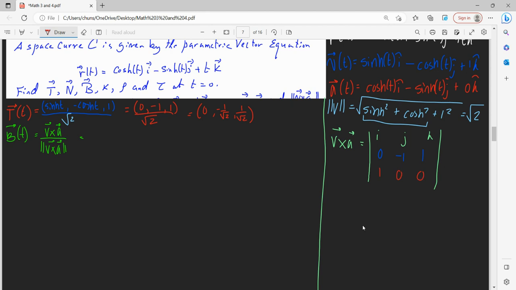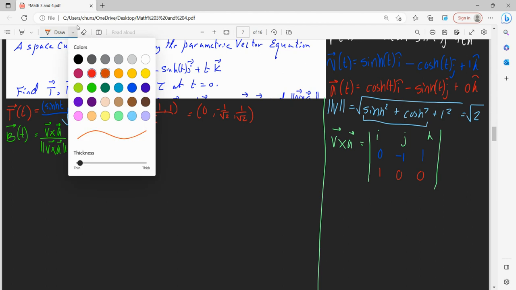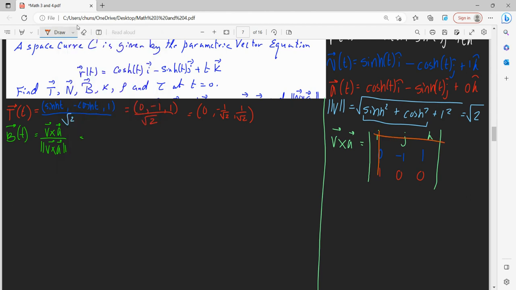So we have 2 zeros over here, so that means we can just take this cross product to be in our j direction. Oh, no, sorry. Okay, so if we took i, we have 2 zeros over there.